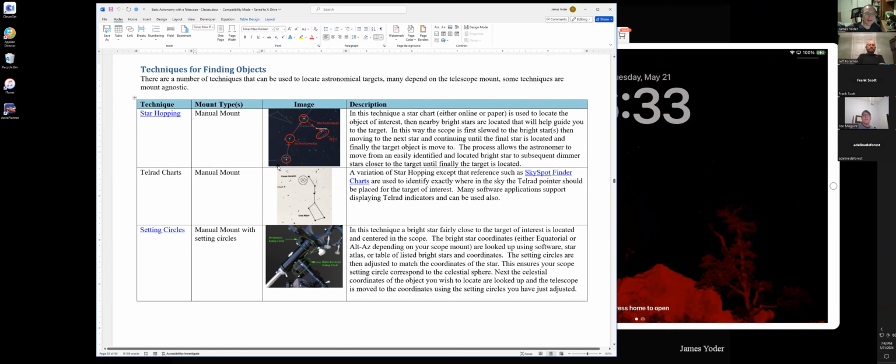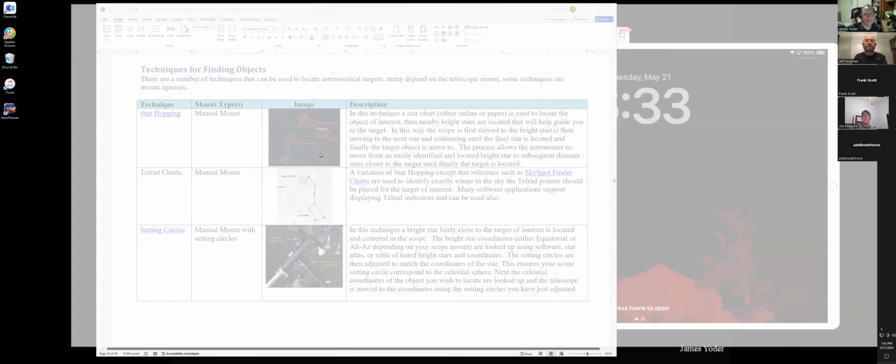So star hopping is a technique of taking stars that you know where they're at, and then usually you take a chart and say, okay, I'm going to go from this star to this star to this star to my target. And so you figure that out, and then you go and look in the sky, find the stars, and you may even guide the telescope.